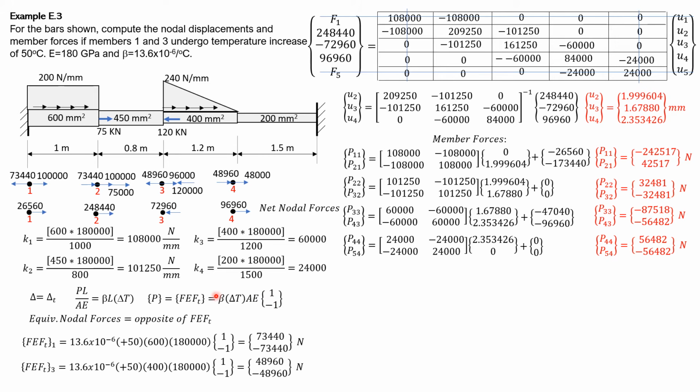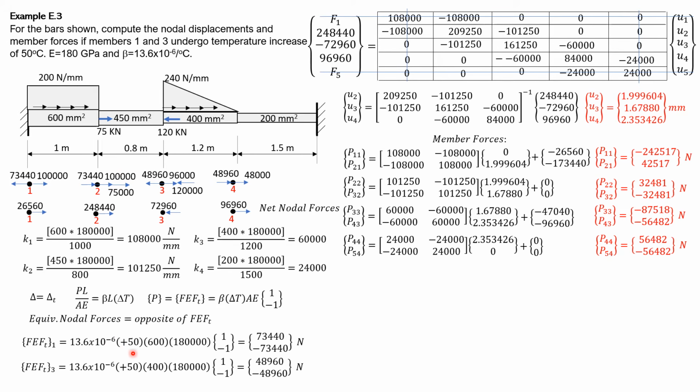So let's make this as our base. Then remember that we just change the direction for the equivalent fixed nodal forces. So how to compute the equivalent nodal forces? Remember, they are opposite to the fixed forces, and this is the formula for fixed forces. So fixed forces in member 1. Beta is given, 13.6 times 10 to the negative 6.